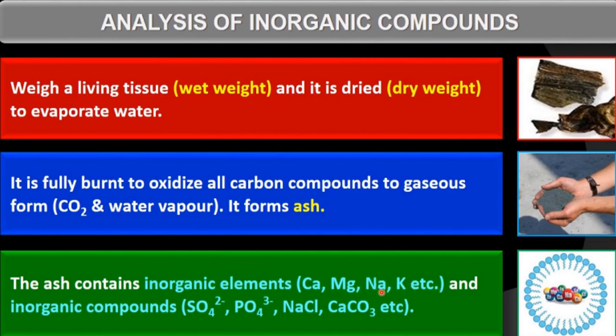Okay, all these inorganic elements are present in this ash, and inorganic compounds like SO4 2 negative, PO4 3 negative, NaCl, CaCO3, etc. So all these inorganic compounds are also present in this ash.